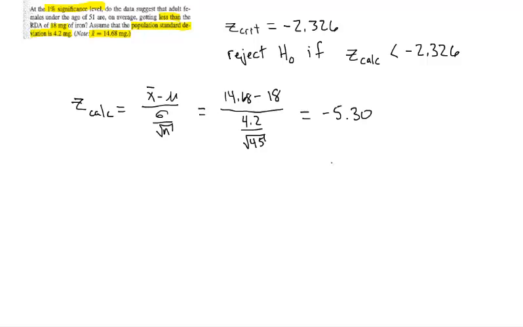And the next step is to decide if we're going to reject our null hypothesis or we're going to fail to reject it. Well, here we said we were going to reject our null hypothesis if z calc was less than negative 2.326, and our z calc was negative 5.3. So we're going to reject H naught, and now we need to write a conclusion statement.